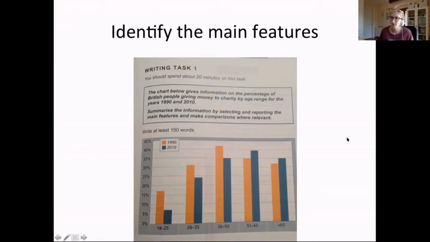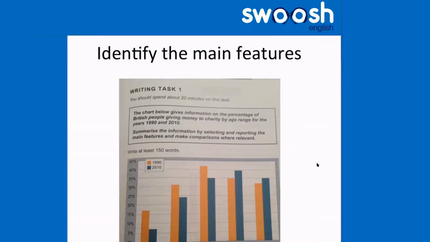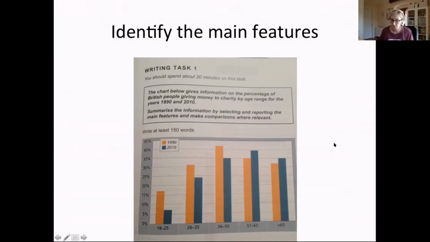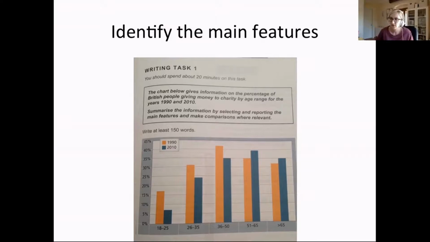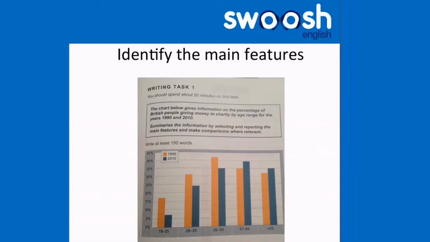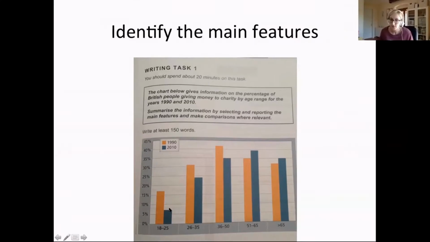Is there a low? That's a high. What about the lows? What about the low for 1990? It is 18 to 25. 18 to 25. Yeah. And what about in 2010? It's also the same. Yeah, so it's very low in 2010 for that age group.